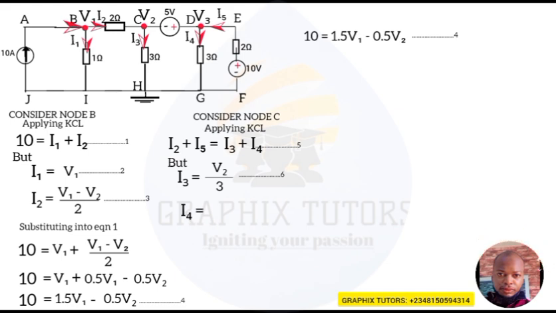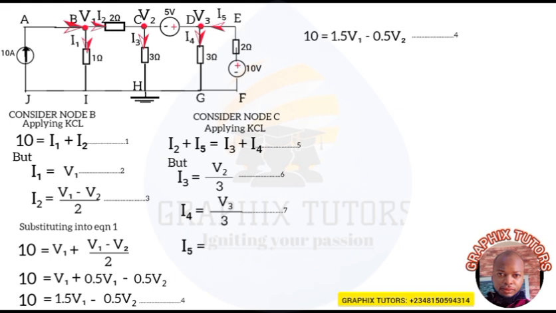For I4, the same thing happens. It is equal to the voltage from where I4 is coming from, which is V3, minus the voltage to where I4 is going to, which is 0, divided by the resistance in between them, which is 3. So we know V3 minus 0 is V3, and we have V3 all over 3 here. I'll term that my equation 7. Now, I5.